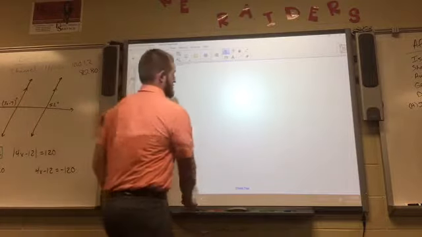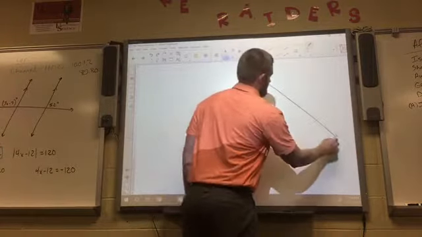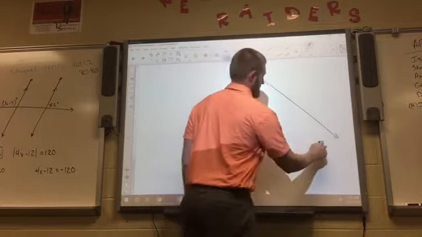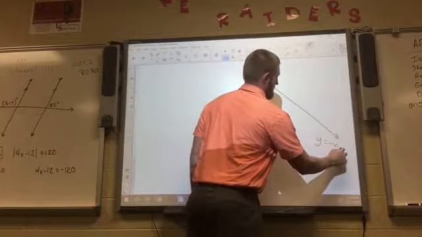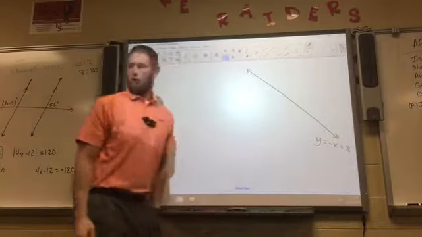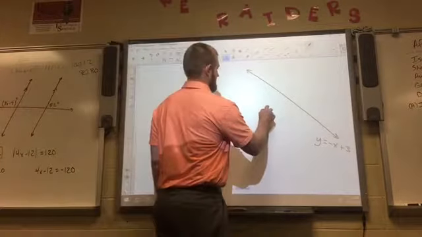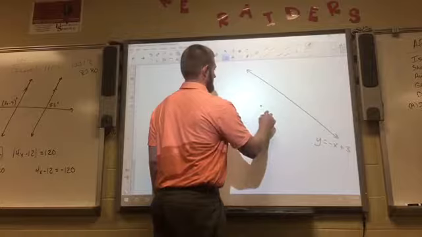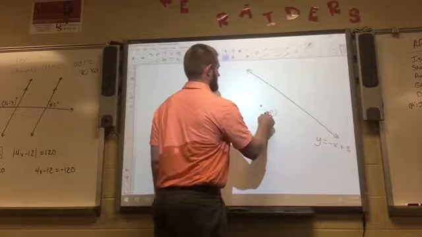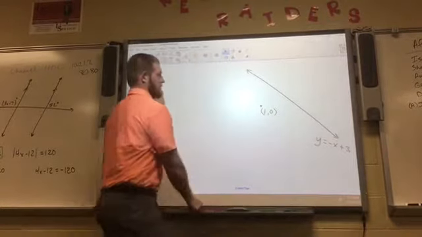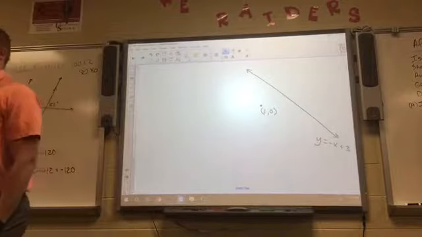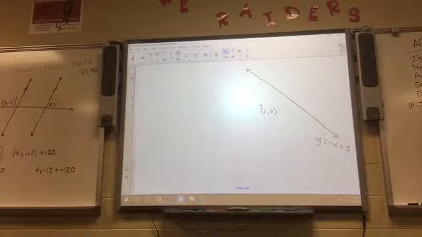The line is y equals negative x plus 3, and the coordinate point that they give us is (1, 0). They want us to find out how far that point is away from the line.